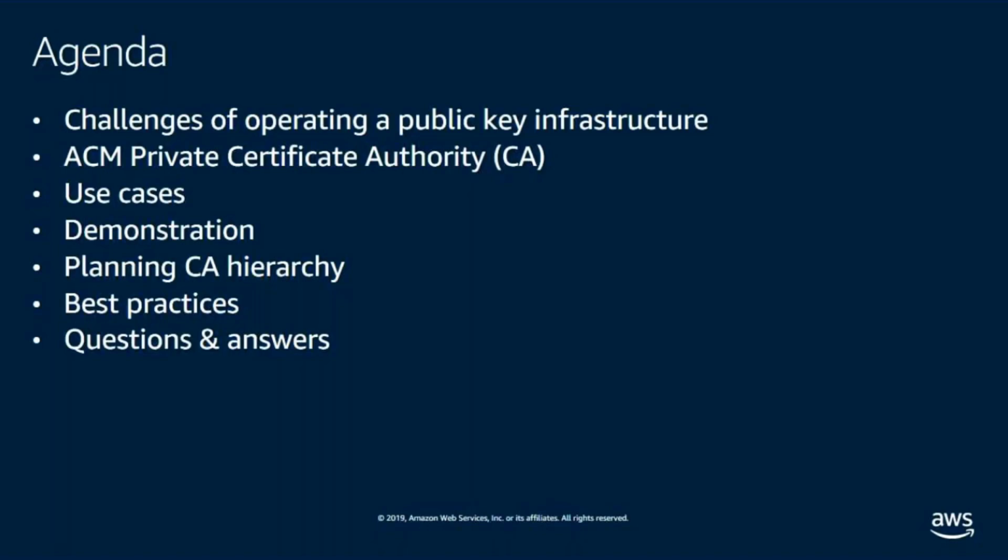And then we'll show some use cases. We'll do a demonstration of creating a root CA and a subordinate and issuing trusted certificates. And then we'll really dig into some of the planning and best practices that are important to consider when you create a root CA hierarchy.